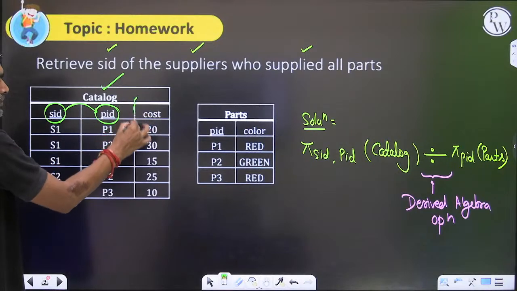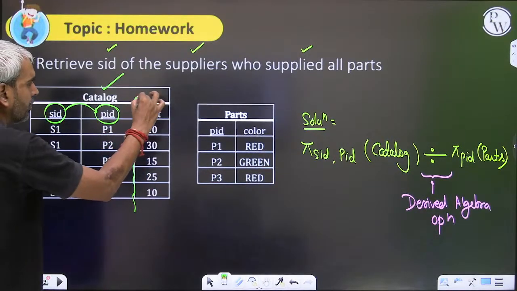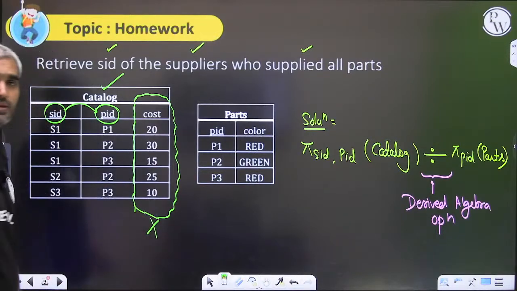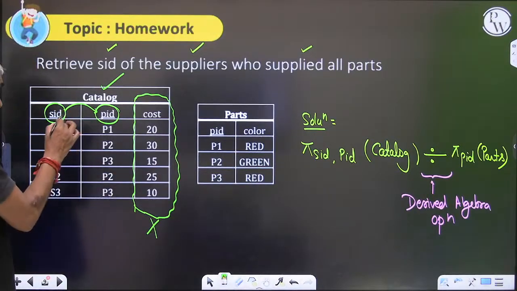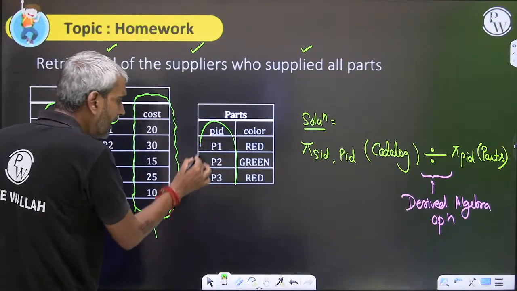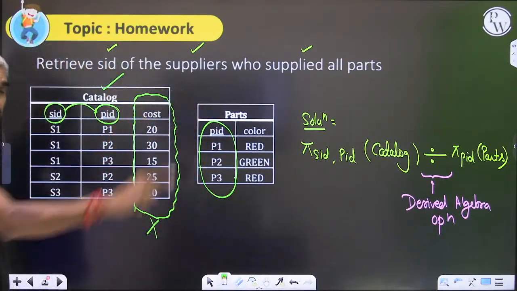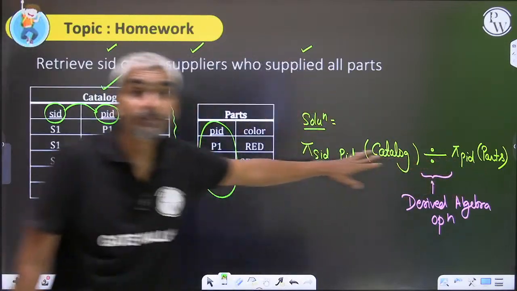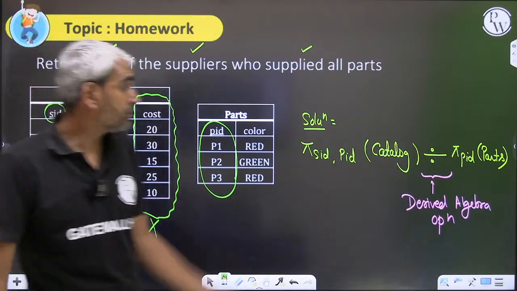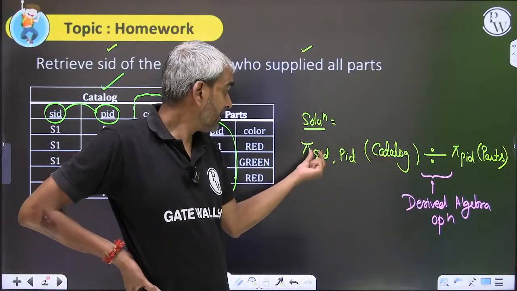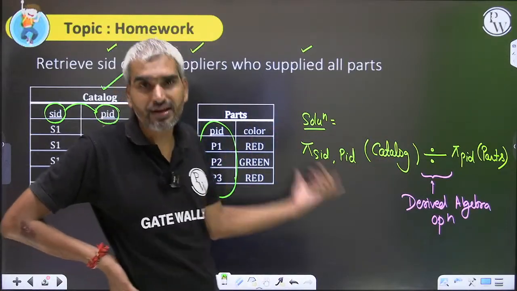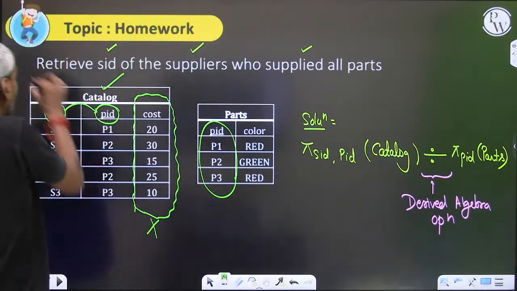You have nothing to do with the cost, at what particular cost the supplier supplied that part. It is not important. At the same time, we are looking for the SIDs which are associated with all the PIDs of the part table. So you can see how the relational algebra query using the division operation is written. You are only taking the SIDs and PIDs from the catalog table because those are the only two attributes required to provide the solution of this query.